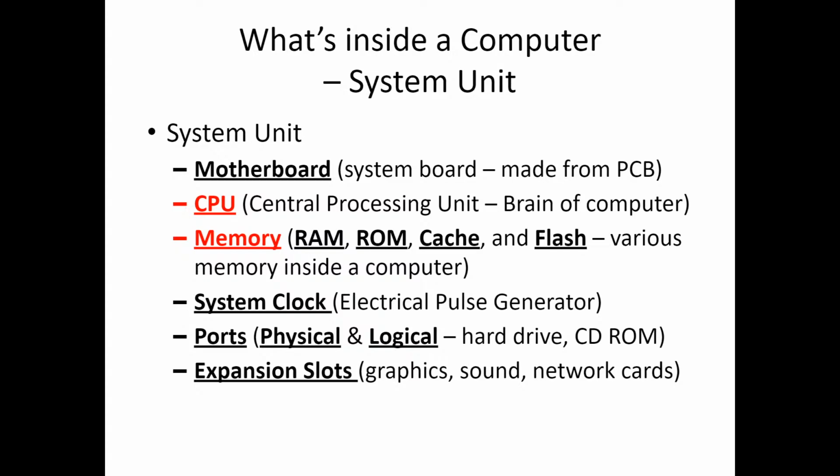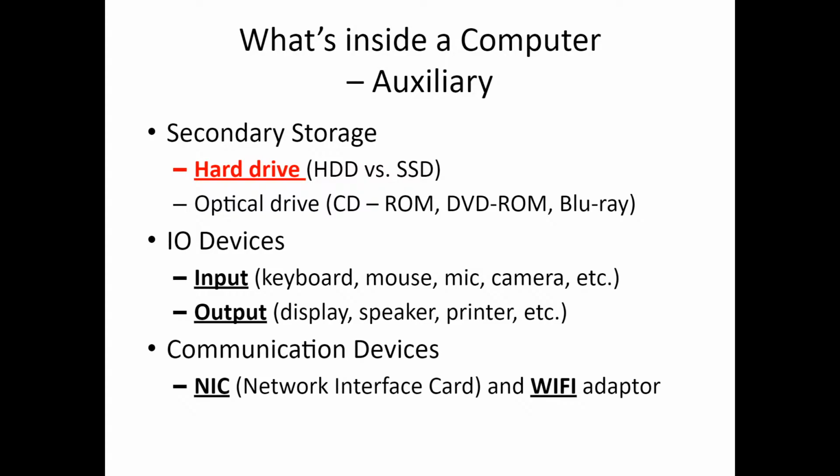Both of them store all the information inside your computer. Here we have the auxiliary, which includes the secondary storage, the I/O or input output, and the communication devices. These are necessary for you to actively interact with your computer.